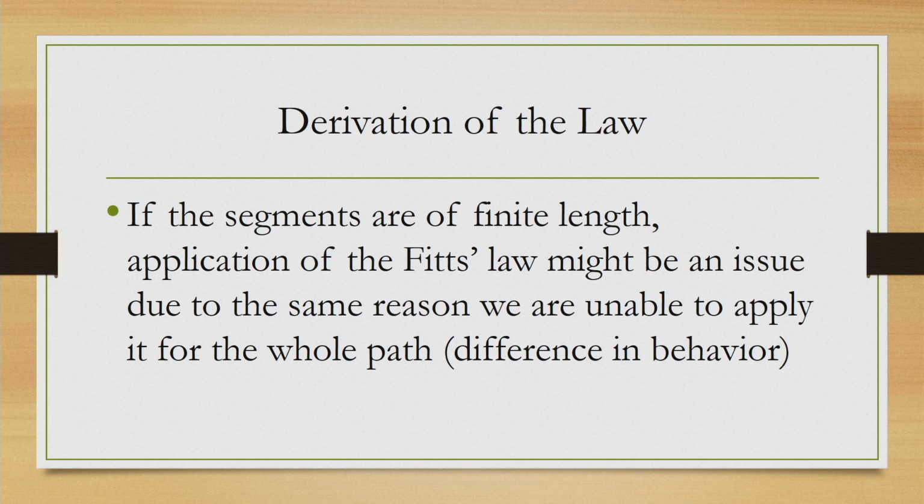But the problem is that if the segments are of finite length, then we cannot directly apply Fitts law. Because of the same reason, we are unable to apply it for the entire path. So, if we could apply Fitts law for finite length tunnel segments, then it should be applicable for the entire path. So, we would not need to divide it into segments.